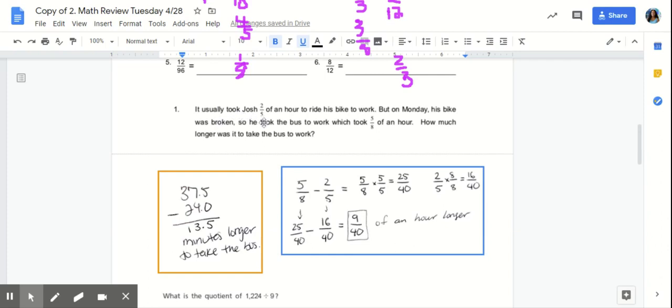So I know that 2/5 of an hour is equivalent to 24 minutes. Because if we divide 60 into 5, each increment would be 12. So 2/5 of that hour would be 24.